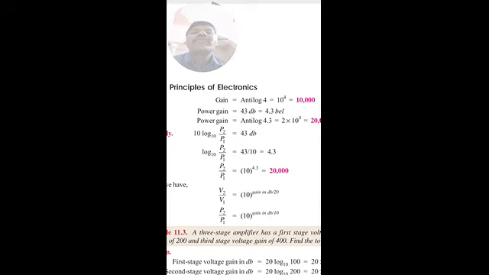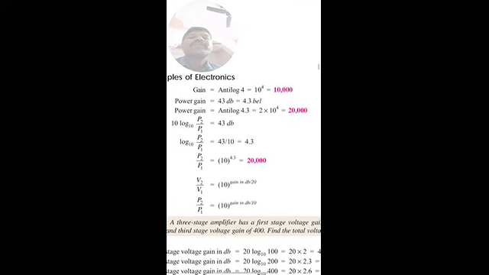(43 dB), 10 into 4.3. So anti-log of 4.3, that is equal to 2 into 10 power 4, 20,000.